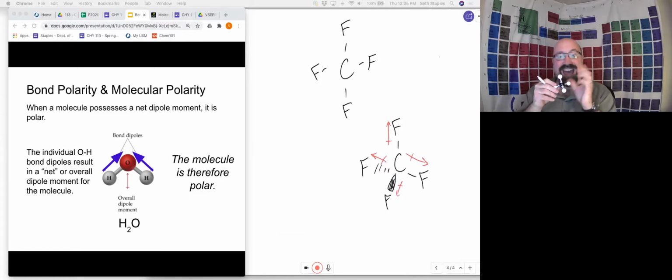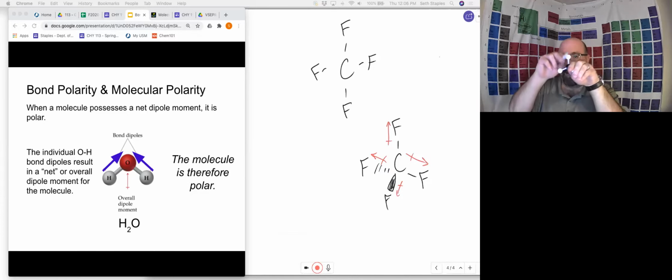Let's think about the net effect of these, though. So if we think about maybe just these two right here, we have a bond dipole pulling this way and a bond dipole pulling this way. And so that would be, maybe I'll go in green here. So the red is our bond dipoles. Now I'm just starting to draw the net effect.